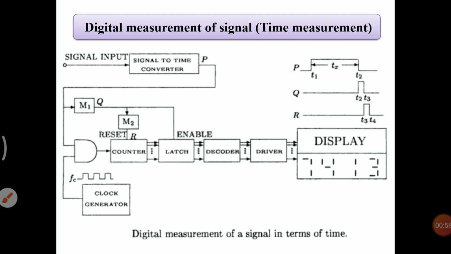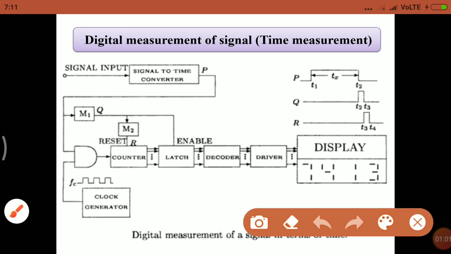This block diagram consists of signal input, basically it is an electrical signal, then signal to time converter, then two monostable multivibrators, M1 and M2, then clock generator with the frequency Fc, then counter circuit, latch, decoder, driver circuit and display.